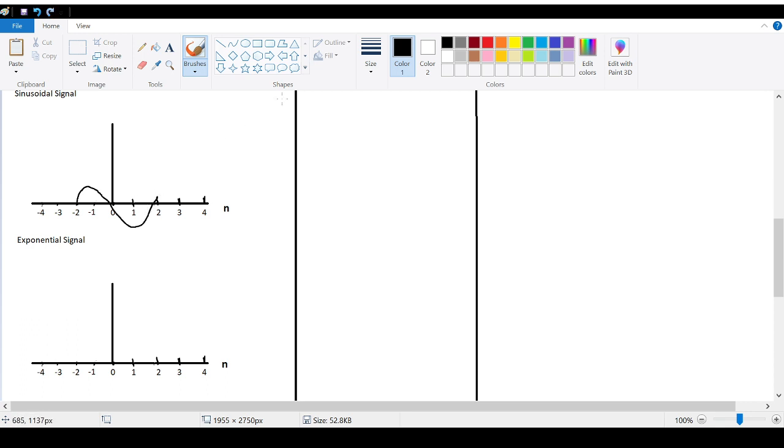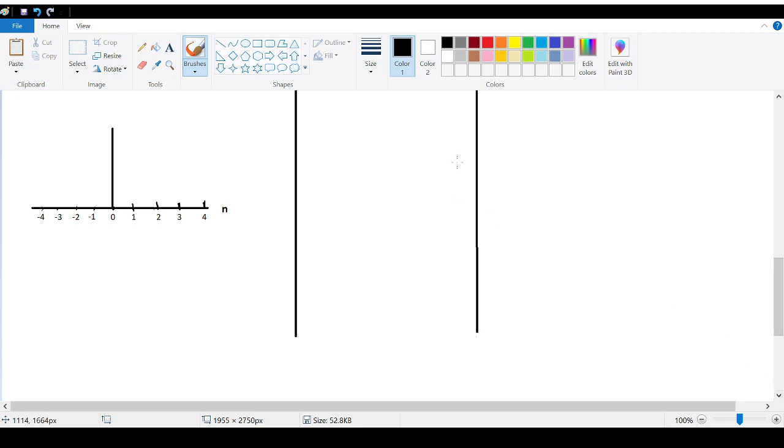Now here, the sinusoidal signal's function representation is x of n is equal to A sine omega n, and according to the various values of n, whenever it is calculated, we can represent it in the form of sequence representation.